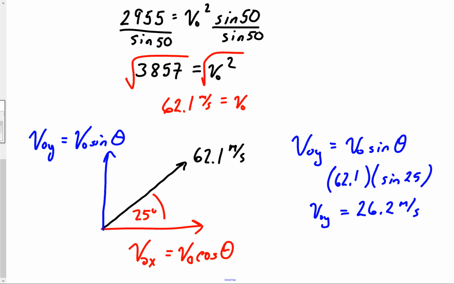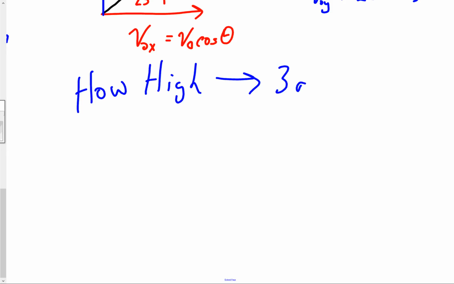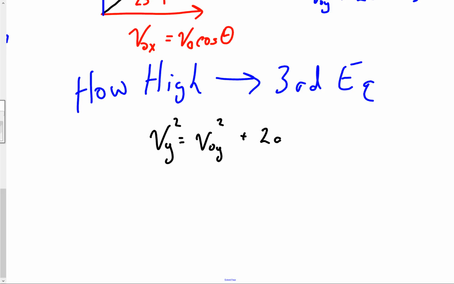And now what's cool? Pop quiz. See how you do. If I say how high, you say the third equation. So now let's write down that third equation. Vy squared equals V0y squared, forgot my squares, plus 2ay.